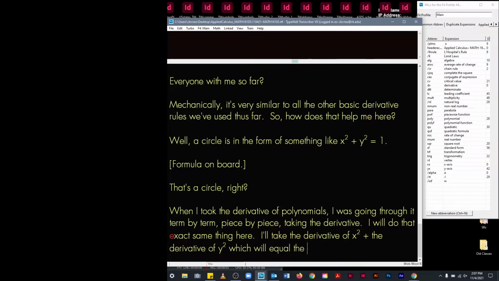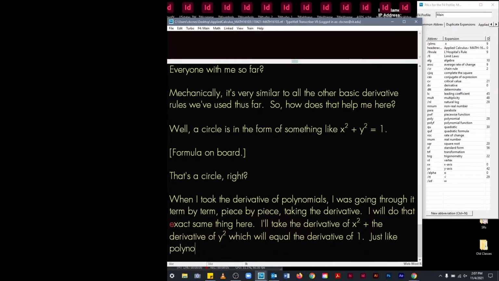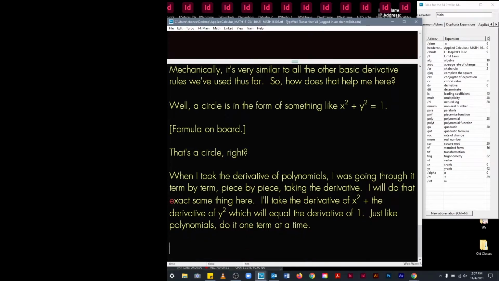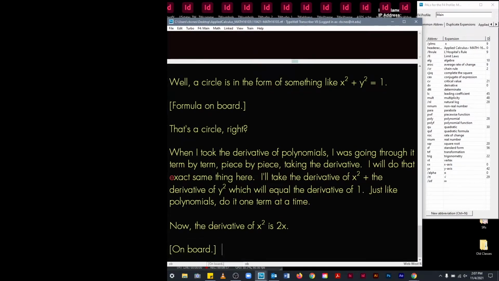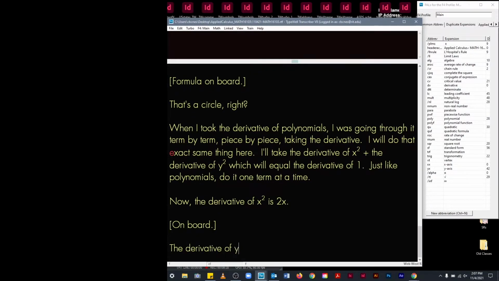Right? Just like we did with polynomials, just do it one term at a time. Now the derivative of x squared is 2x. The derivative of y squared is 2y times dy dx. And the derivative of 1 is 0.